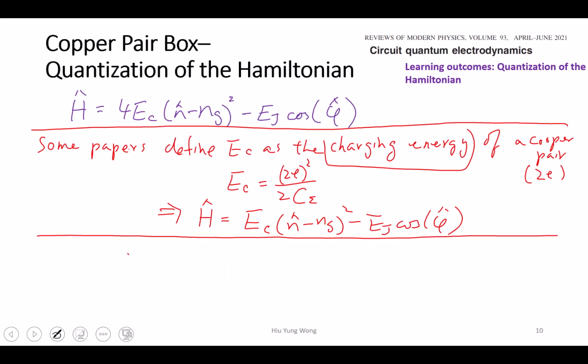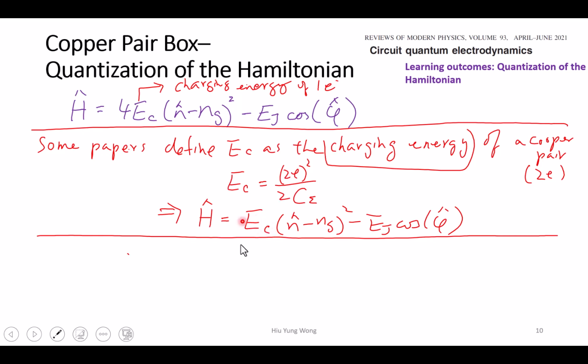So this is the charging energy of one electron, okay? But some papers also use EC, however, as the charging energy of a Cooper pair, so 2 electrons. So it is actually (2e) squared, which is 4 times the EC we have here.